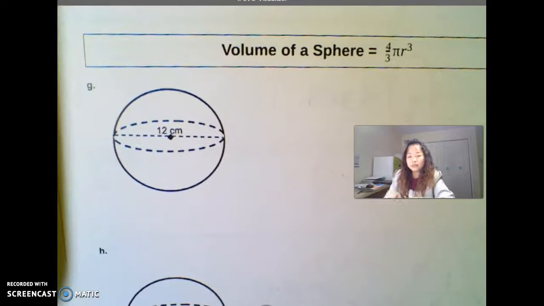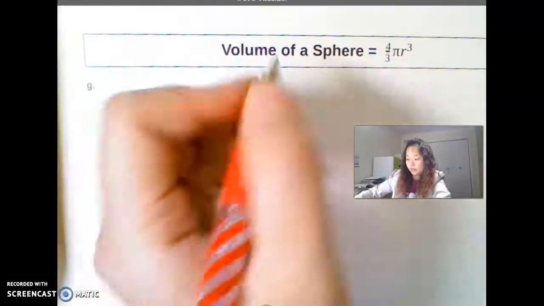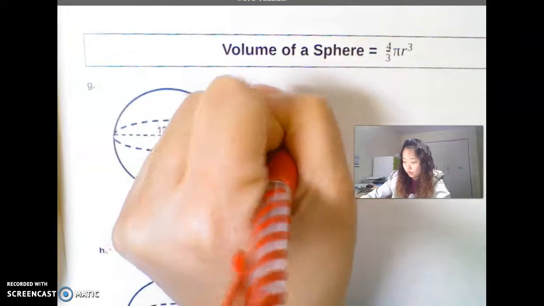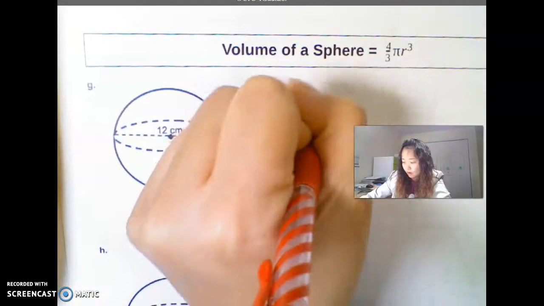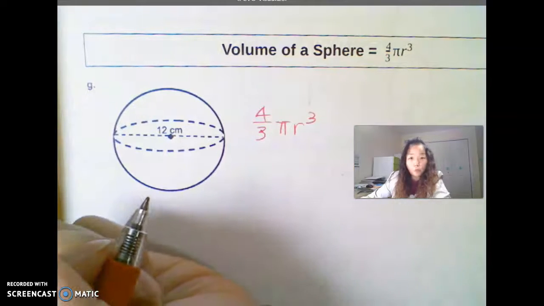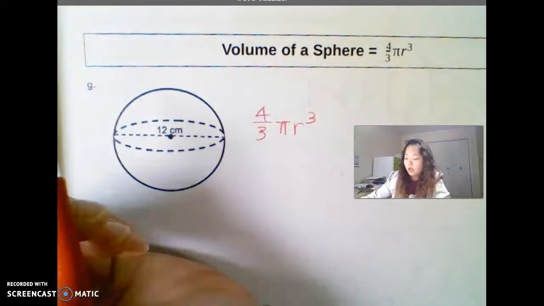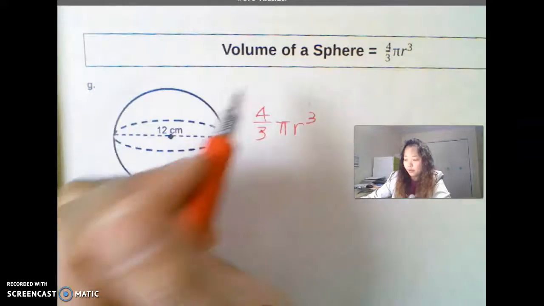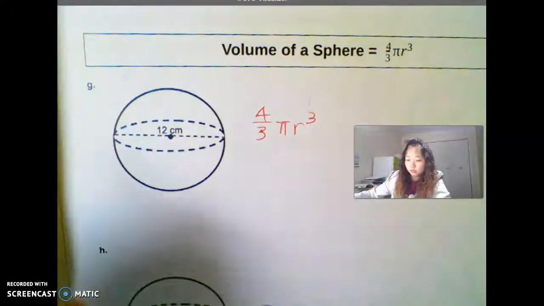Okay, and then the next page, we really don't have to do much because, well, the volume of a sphere, the formula is right there. I don't really know how to derive and where we got it, but I know I can apply it. 4/3 pi r cubed. Wow, haven't seen cubed in a formula before, but it's gotta be given, so you don't have to memorize it.